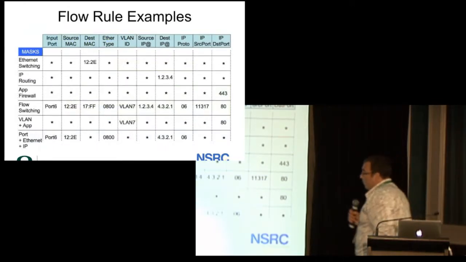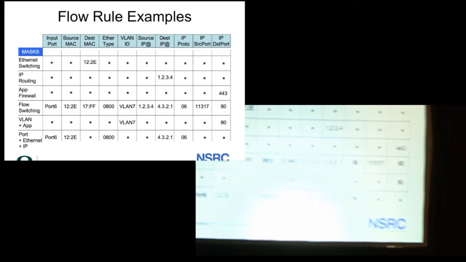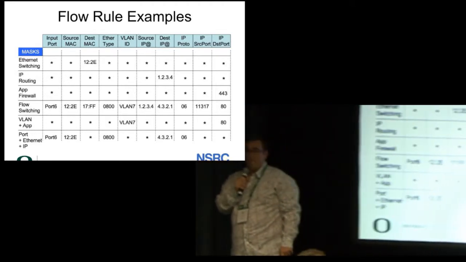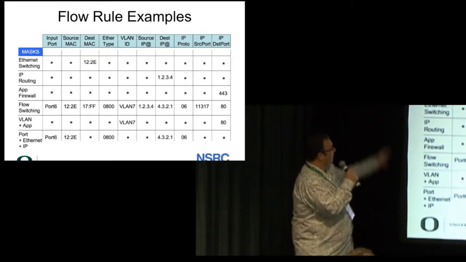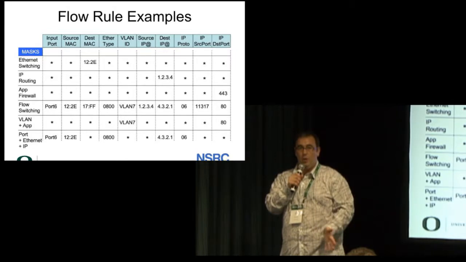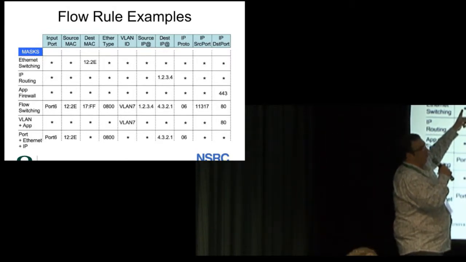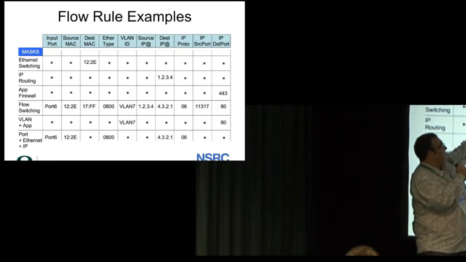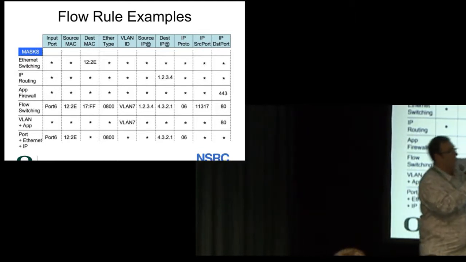So let's think about that a little bit more. Now, I'm going to ask you guys some questions, and I want you to ignore the first column here, which contains all of the answers. Okay? So that first row up the top, if this is the match condition to my flow rule, and I don't care about the input port that the packet came in on, I don't care about the source MAC, but the destination MAC must be 12.2e, and the rest of it I don't care about.